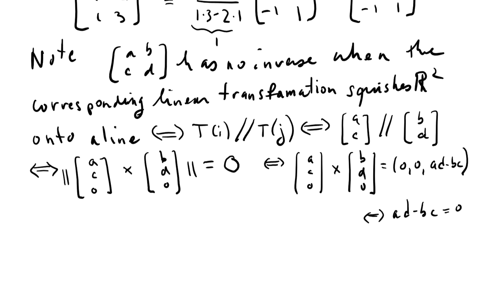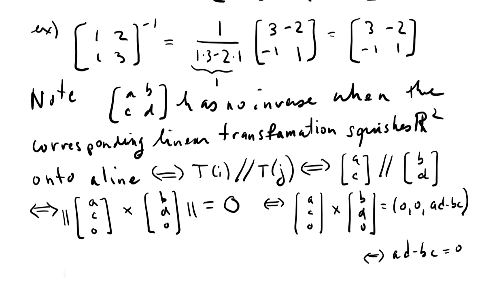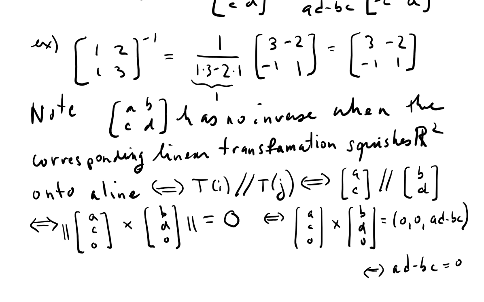So what's important to remember here is the statement that I wrote, which is when you have no inverse, it means that your linear transformation is sending R2 onto a line. So it's sending something that has dimension 2, because R2 has a basis composed of two vectors, onto a line, something that has a basis composed of only one vector. So it goes from dimension 2 to an object of dimension 1. And when that happens, you cannot go backwards.